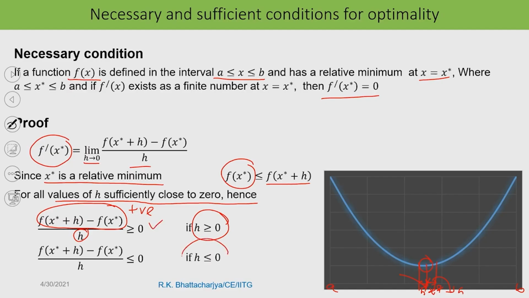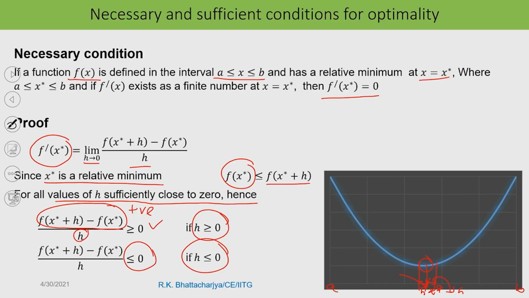If h is negative, that means you are approaching from the left hand side, so in that case this value will be less than 0. I hope this is clear. H positive means you are approaching x star from the right hand side, and h will be negative if you are approaching x star from the left hand side.